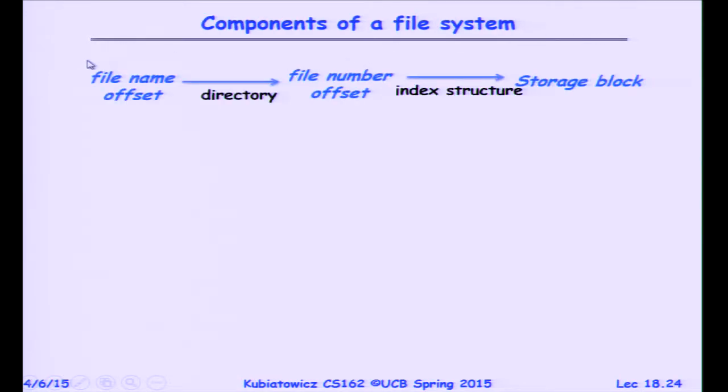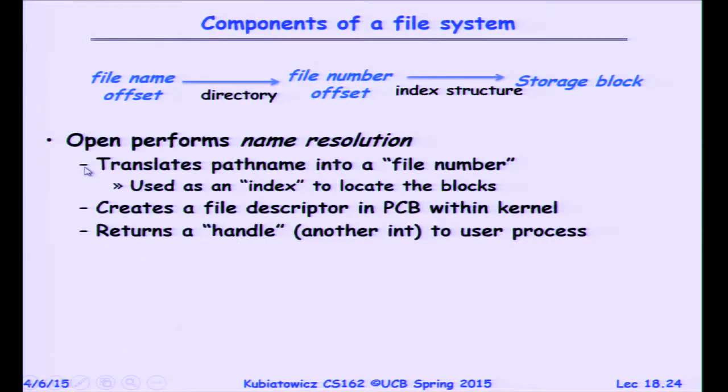So what we're going to do is start with a file name, go through the directory to find a file number, which will give us which blocks are of interest. And open performs an actual form of name resolution, which translates a path name into a file number, which is going to be our index to locating blocks, okay? It's going to create a file descriptor in the process control block in the kernel, and then return a handle, which is an integer, to the user process.